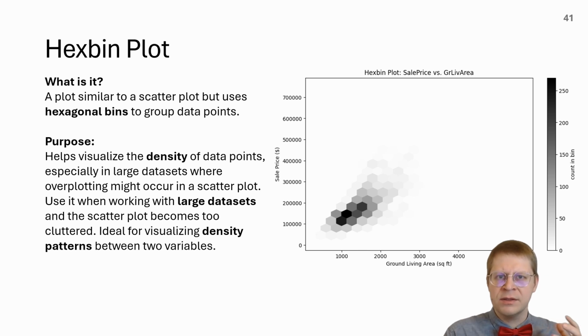The color intensity of each bin represents the density of data points in that area, revealing patterns that might be obscured by overplotting. This technique is particularly effective when you need to visualize density in a clear and organized way.